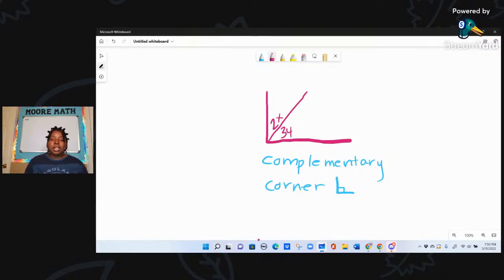Again, it's still making a corner, so it's still 90 degrees. So we're going to do 2x plus 34. The first angle here is 2x. The second angle is 34 degrees. Together, they should equal 90 degrees. They should equal this corner right here.